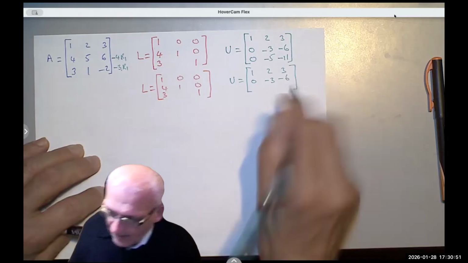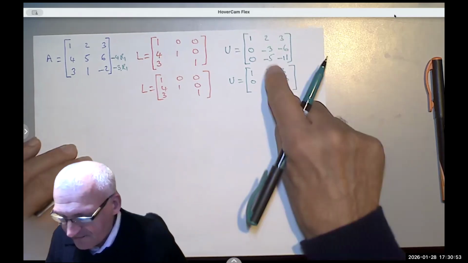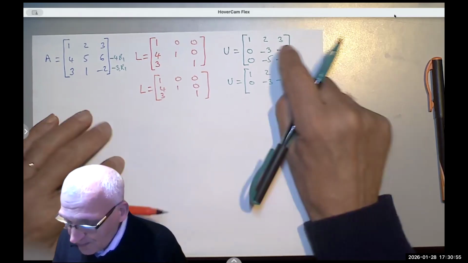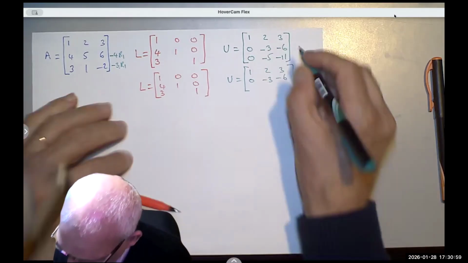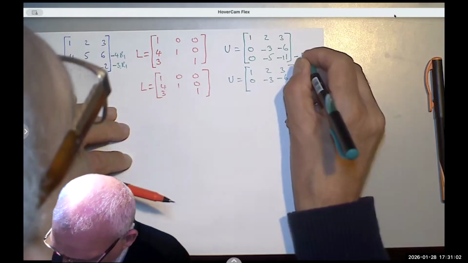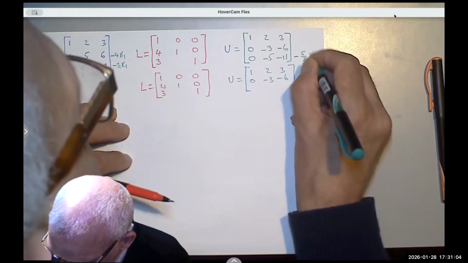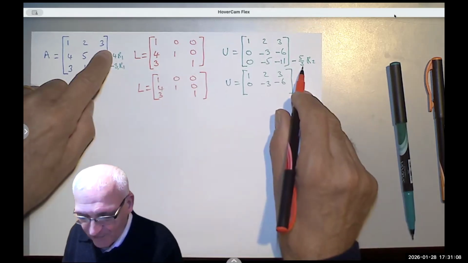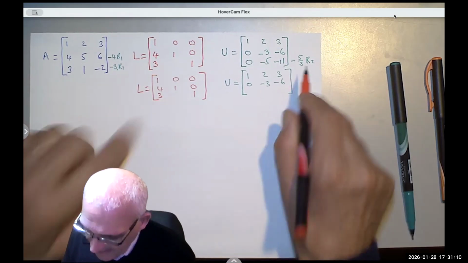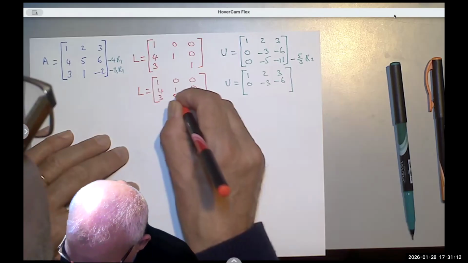Now, I want to get rid of the -5. So I need to multiply the second row by 5/3 and subtract it. So I'm going to subtract 5/3 row 2. Notice I write here what I subtract. I subtracted 4, I subtracted 3, and now I subtract 5/3.